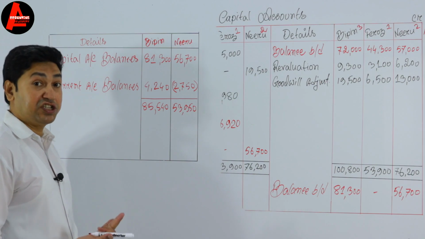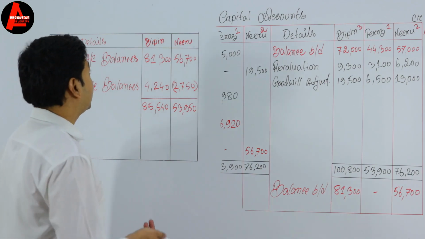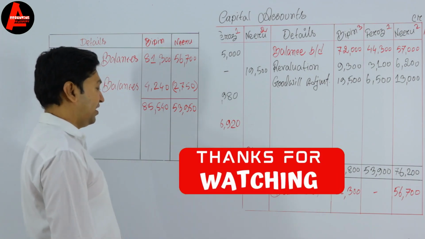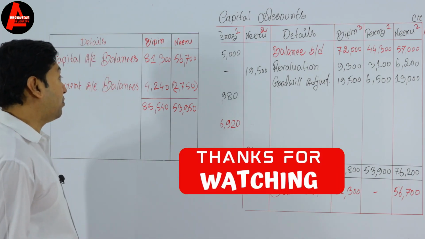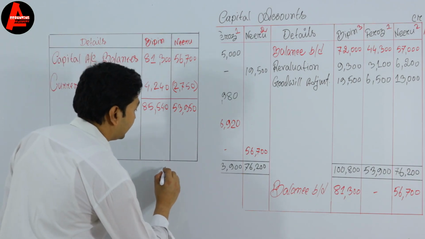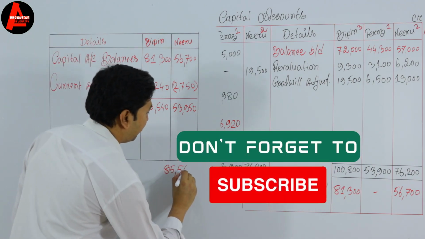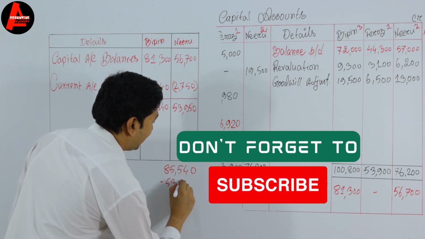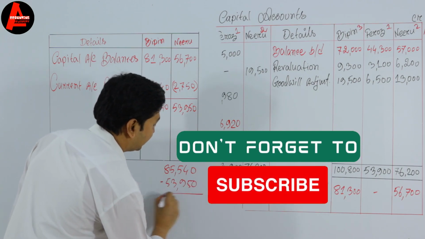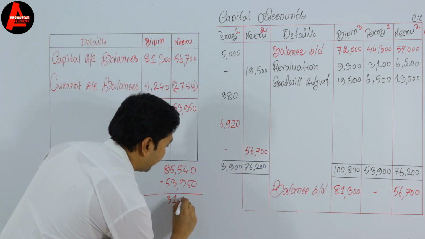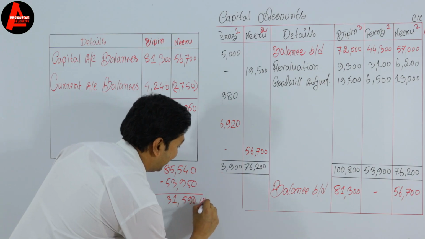Now they will share profit and loss equally, so the balance must be the same for these two partners. Now we have to check how much the difference is. So 85,540 minus 53,950. If we subtract we get $31,590.